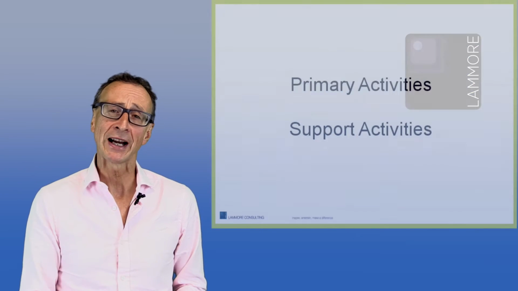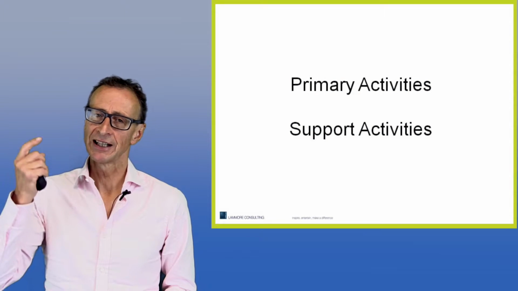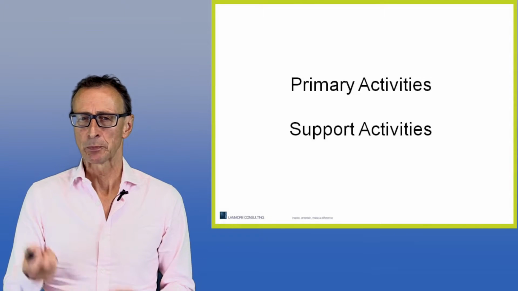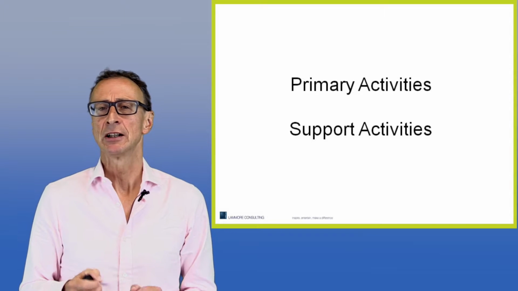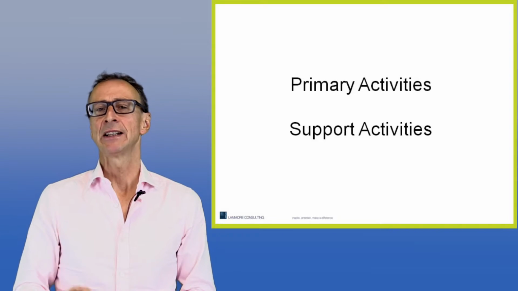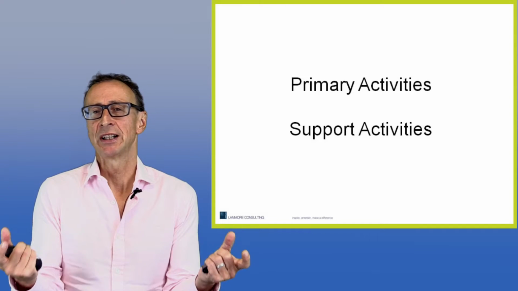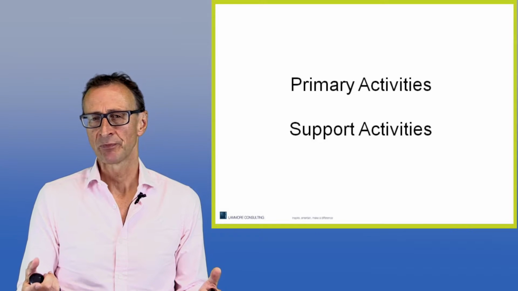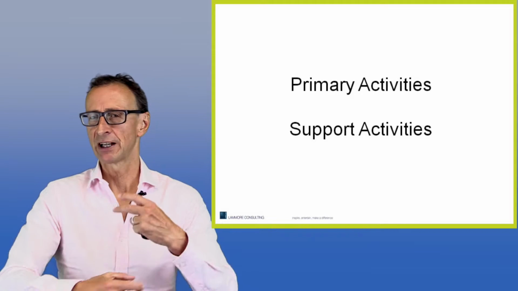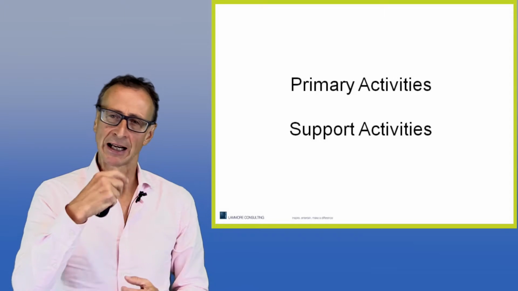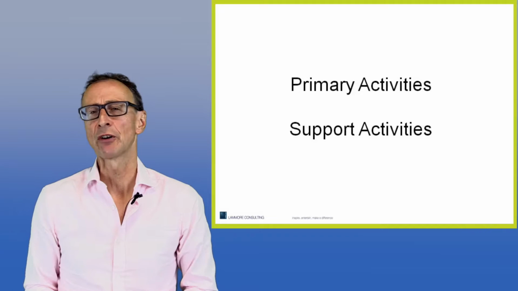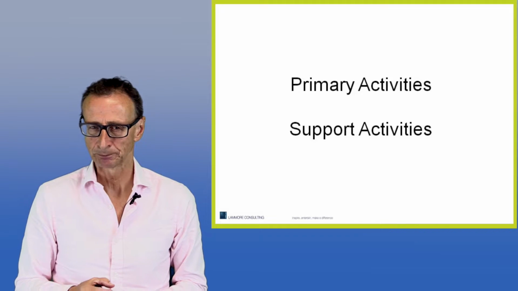One is the primary activity, and the second is the supporting activity. Well, what are they? The primary activities relate directly to creating, selling, maintaining, and supporting your product or service. So taking in the product, selling the product, getting it ready for the end user, getting it out to that customer, and then maintaining and looking after it once the customer's bought it.